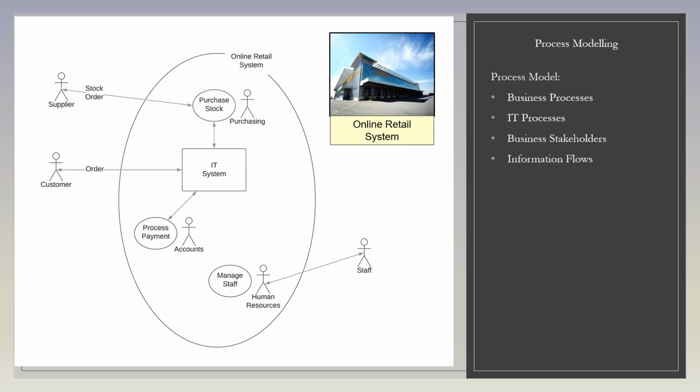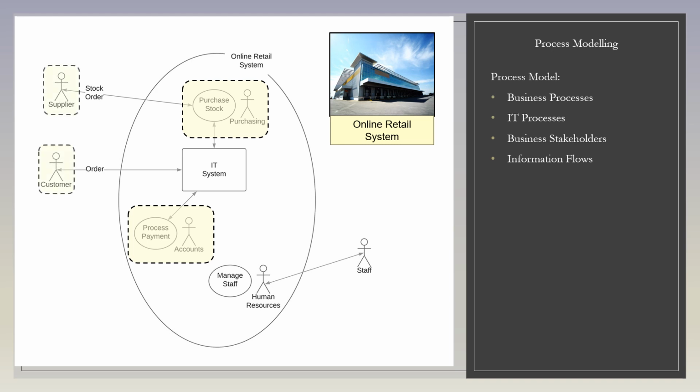If we return to our example of an online retailer, a high-level process model might look like this, with business processes such as purchase stock, process payment, business stakeholders such as the purchasing department and the accounts department, external stakeholders such as suppliers and customers.